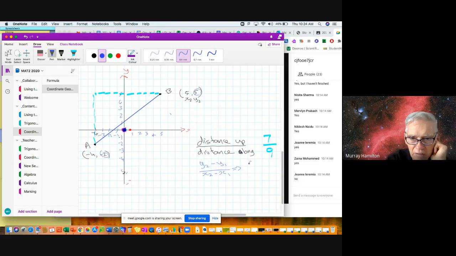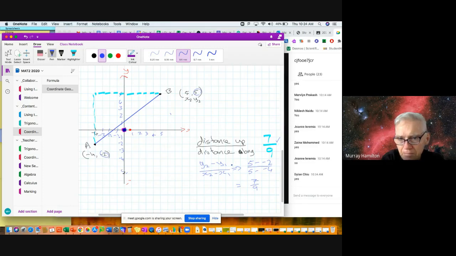So I have to go 5 minus -2, and divide that by 5 minus -4, my x values. That gives me a value of 7/9, which is the same gradient, which is what we expect. Okay, I'm only going to do one example on gradient. Is that okay? Type in yes if you've got that. Lots of yeses there, so I'm not going to bore you.